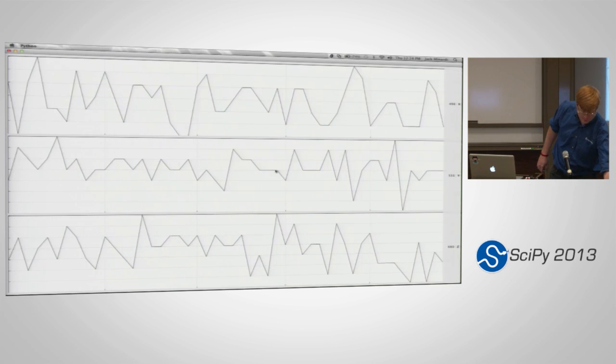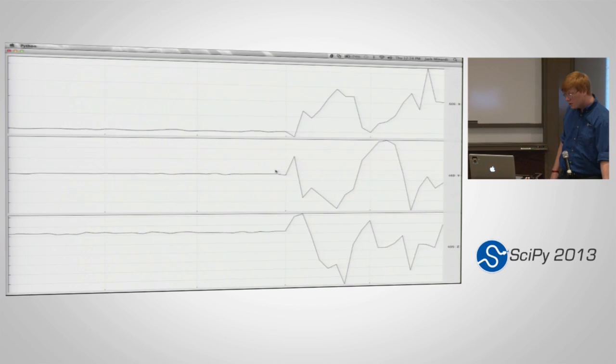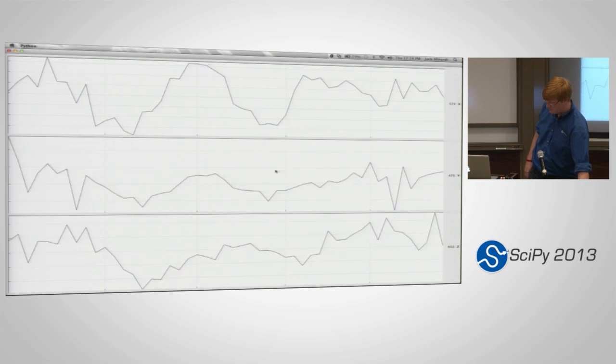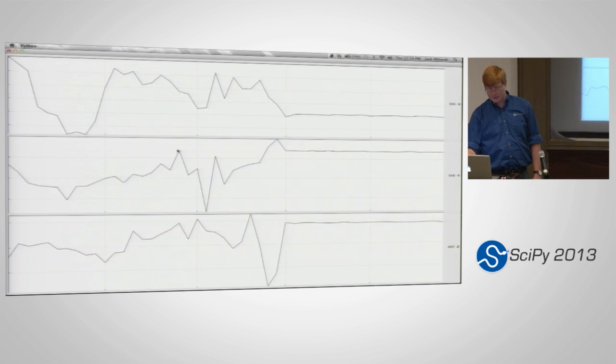So this is connected up to this 3-axis accelerometer, plotting X, Y, and Z, streaming over ZMQ to a Chaco plot.